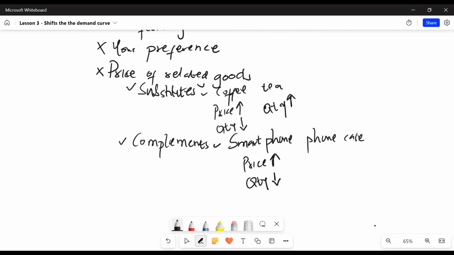And because a smartphone and a phone case are usually used together, you buy less of the phone case. So the price of one good and the quantity demanded of the other good are negatively related. If the price of a complement goes up, the quantity demanded of the other good is going to go down.